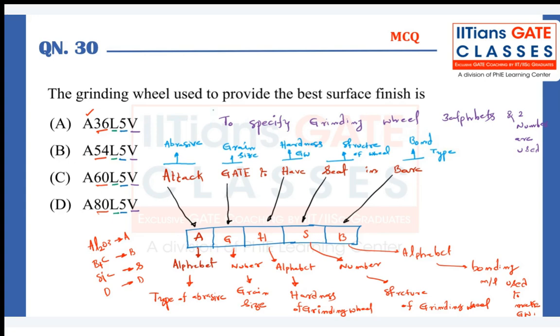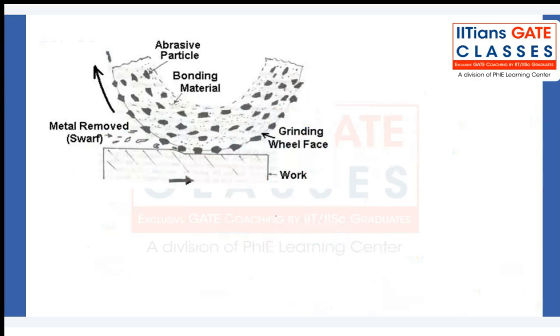Now here, which provides the best surface finish? We need to find the best surface finish among the four specified options of grinding wheel. Let us look at this grinding wheel. These are the abrasive particles and they mention size. If the abrasive particle size is more, then it occupies more contact area between the workpiece and tool.